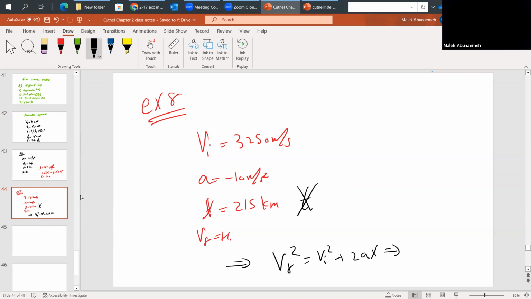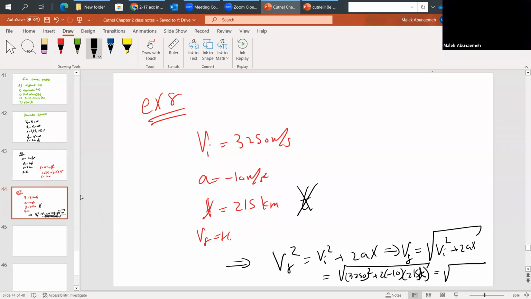Solving for your final velocity, it's going to equal the square root of v initial squared plus 2ax, which equals the square root of 3250 squared plus 2 times minus 10 times your distance, which is 215 kilometers.